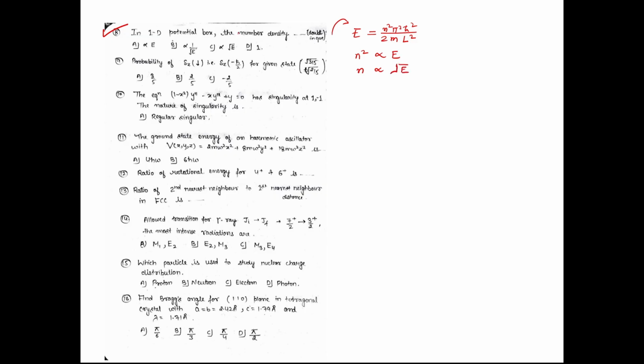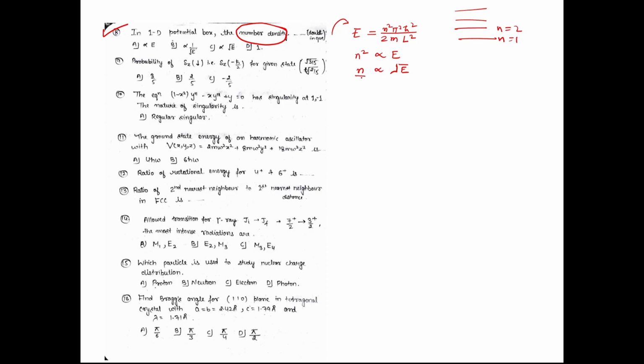Now we have to find the number density. Here n indicates the state: for the ground state n will be 1, for the first excited state n will be 2.